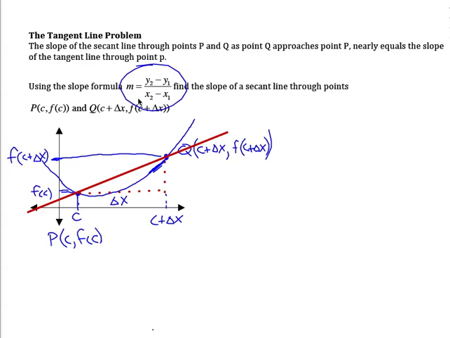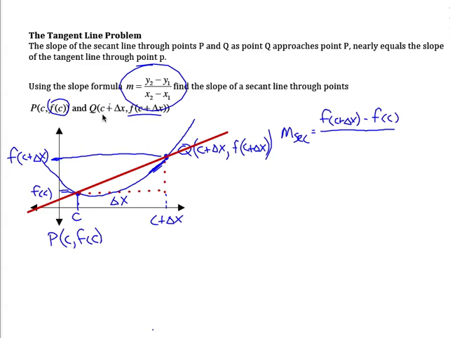So we're using our slope formula right up here. We have the slope of a secant, m secant, equals y sub 2, which is right here, f(c + Δx), minus y sub 1, which is right here, and that's just f(c), over x sub 2 minus x sub 1.